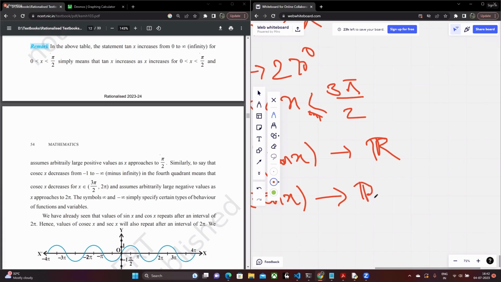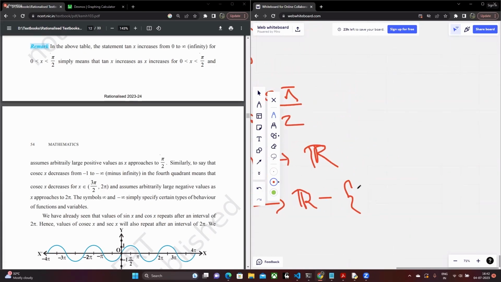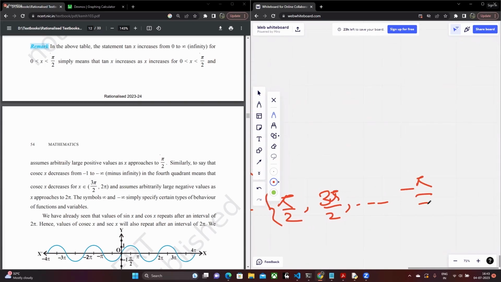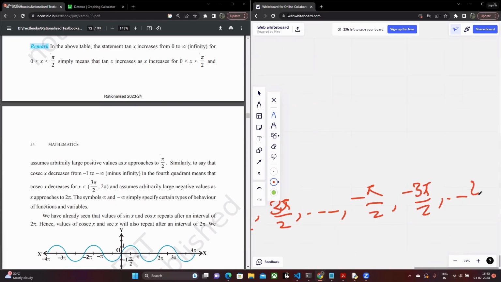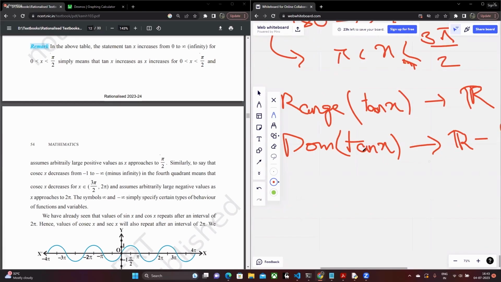It's basically real numbers minus the set of pi by 2, 3 pi by 2, and so on, and minus pi by 2, minus 3 pi by 2, and so on. Because at each of these points, tan x becomes infinity or minus infinity.